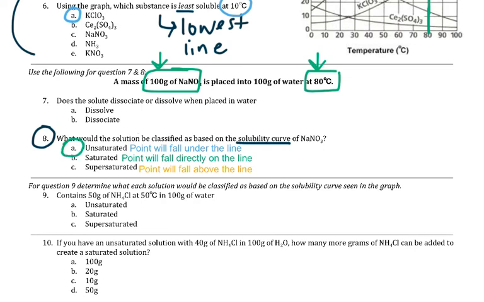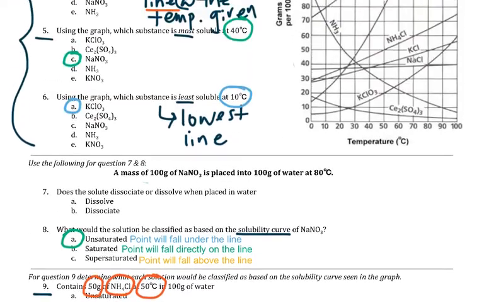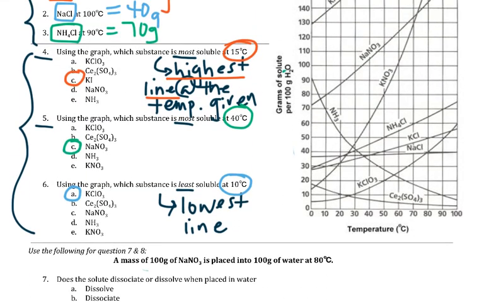So that means that based on the information given to us, this would be classified as an unsaturated solution. For number 9, we're going to repeat the same process that we did in number 8. This time we have ammonium chloride, and we've got 50 grams at 50 degrees Celsius. Go ahead, we'll go to our graph. Here's my 50 grams, 50 degrees Celsius.